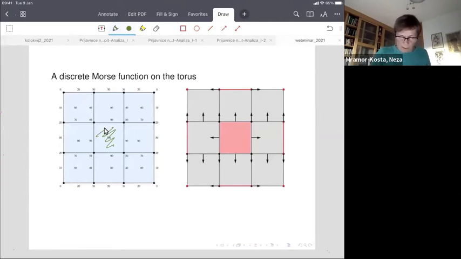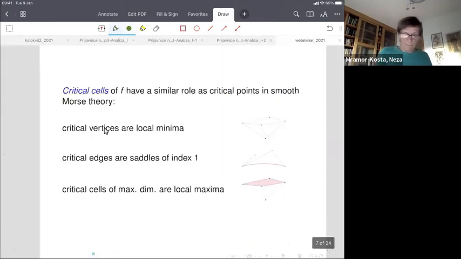One is this and this, identified, of course, and the other one is this and this, because if you look at them, you see the values on the vertices are lower, while the values on the co-faces are higher. The vertices are here and here, and the co-faces are over here, and everything goes according to dimension. And then the absolute minimum is in the vertex over here, which is now a critical vertex.